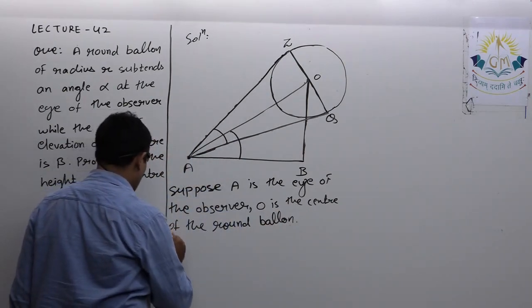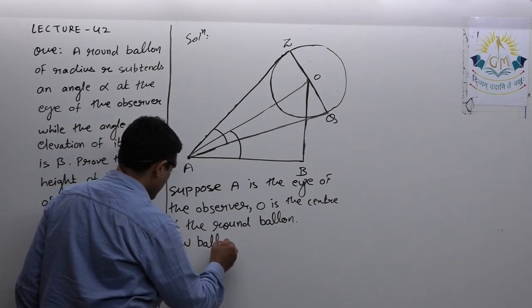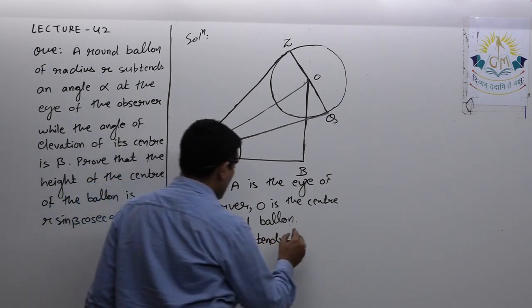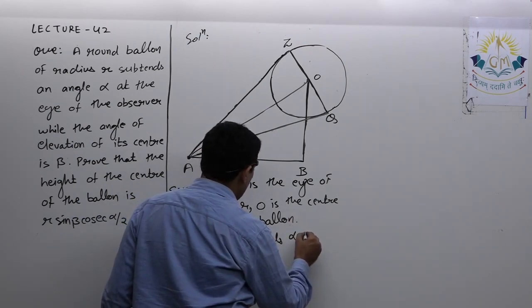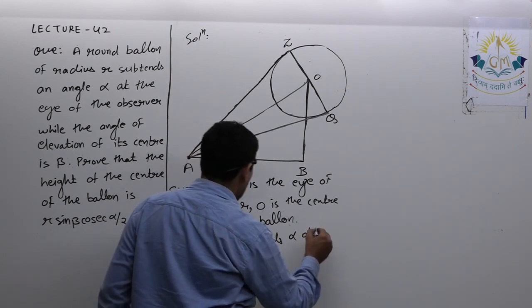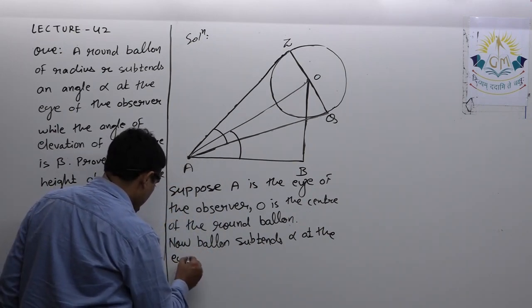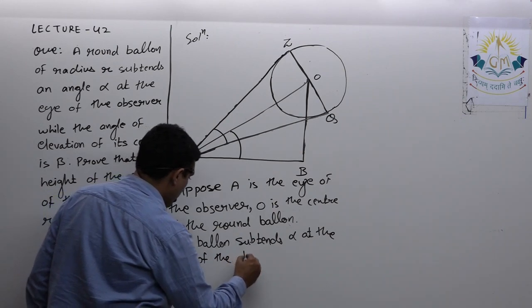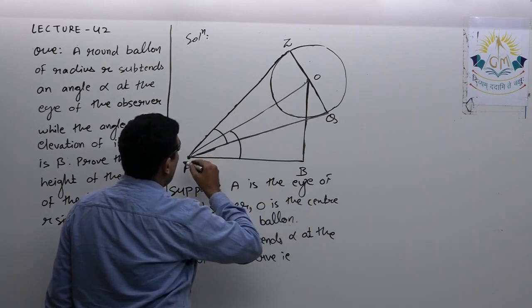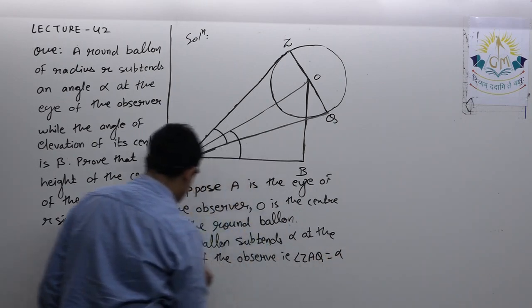Now balloon subtends alpha at the eye of the observer, that is angle ZAQ, that is angle ZAQ is equal to alpha.